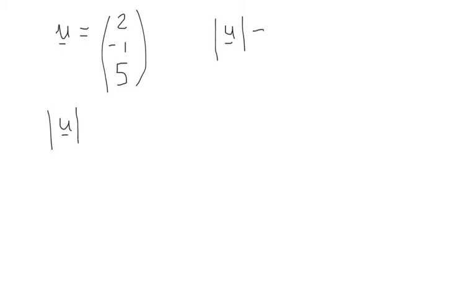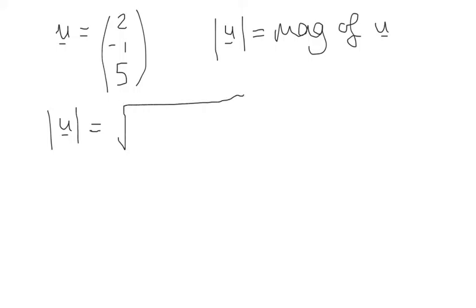We can also find the magnitude. If u is (2, -1, 5), the magnitude of u we write with vertical brackets, |u|. In 2D, we did x squared plus y squared inside the square root.